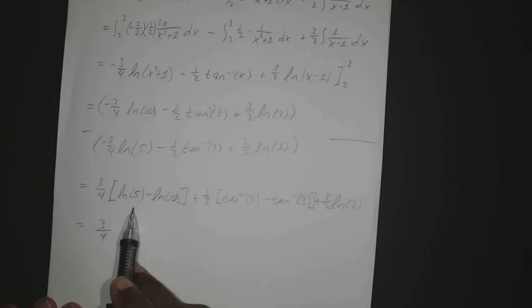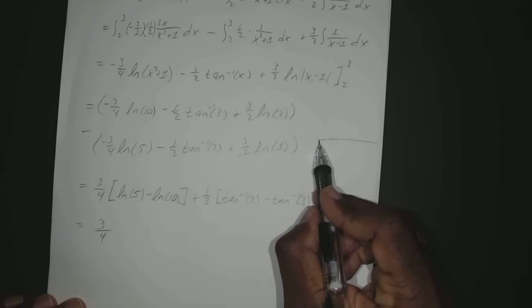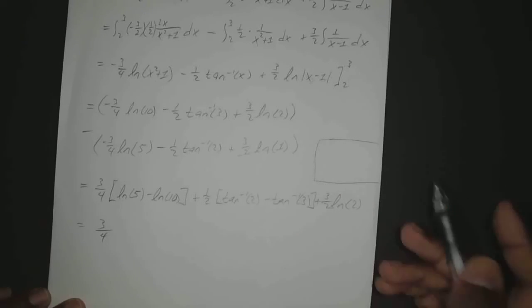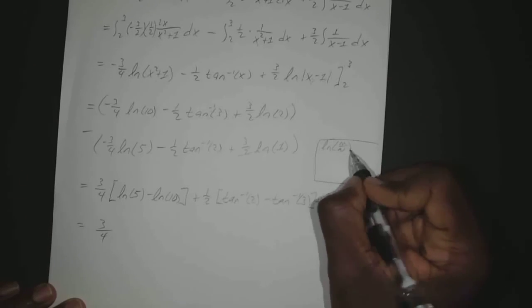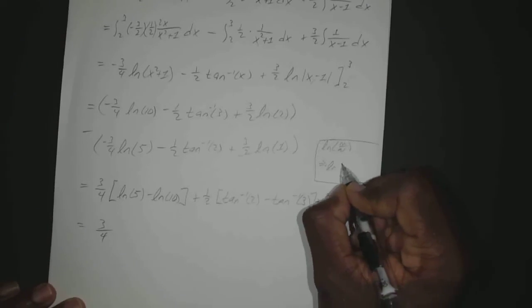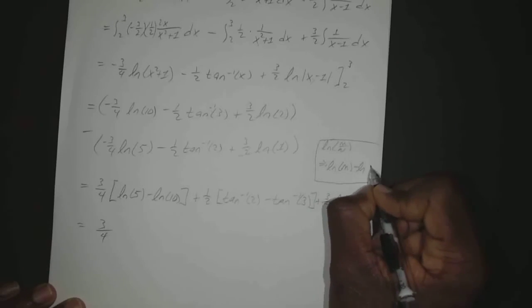If you wanted to combine those, you could, simply using the rule we used before: natural log of m over n is natural log of m minus natural log of n.